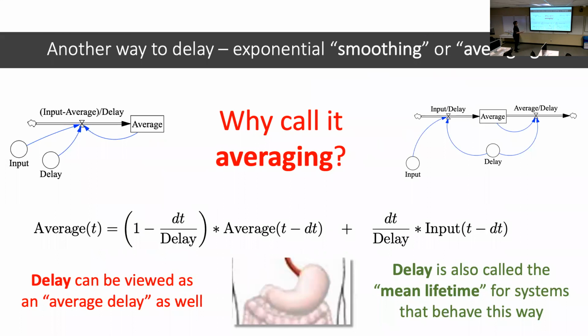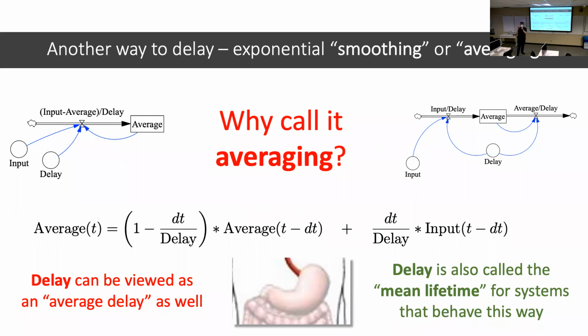I'm not worried too much about you being able to write out this expression, but I do care that when we think about smoothing delays, this delay term makes sense to you as a mean lifetime term or a time constant term, as an average amount of time that if there's a group of individuals that arrive, some of those individuals leave immediately, some have to stick around for a long amount of time.